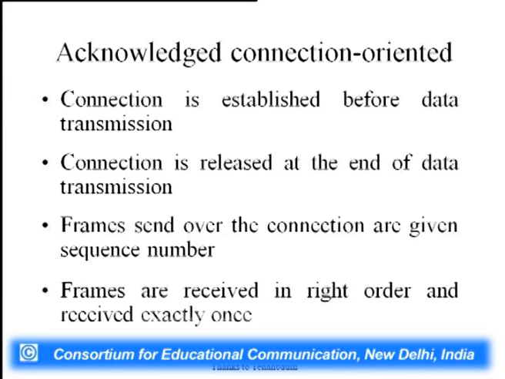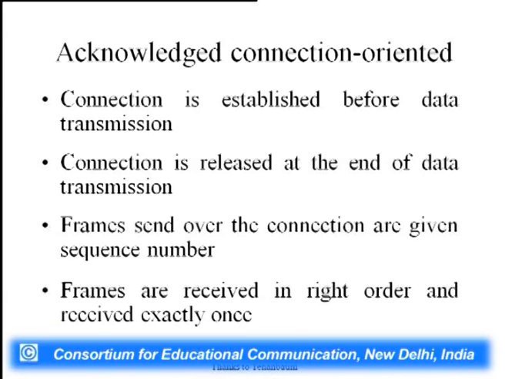So, frames are sent over this connection, whatever logical or virtual connection you have established, and each frame will be given a sequence number. If a message which we are willing to transmit has n number of frames, then each frame is given a unique sequence number. Why do we give a sequence number?